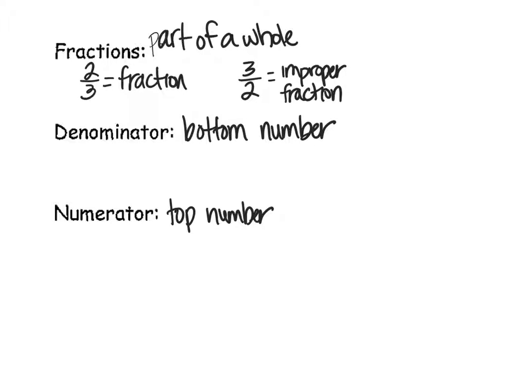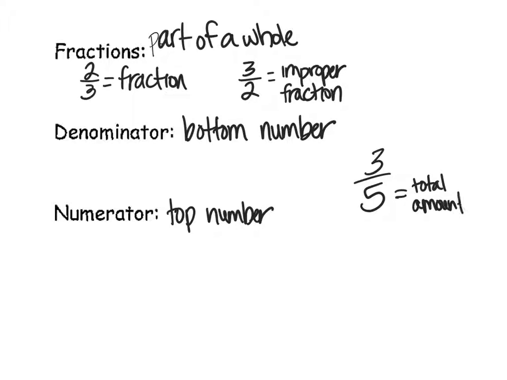Okay, so a number like 3/5, that means 3 out of 5. So the 5 tells us the total amount that we're working with.